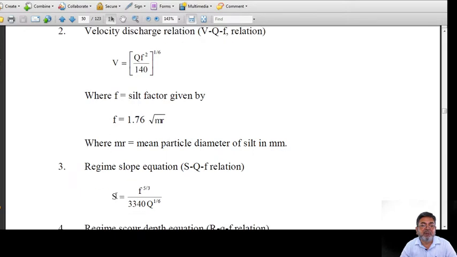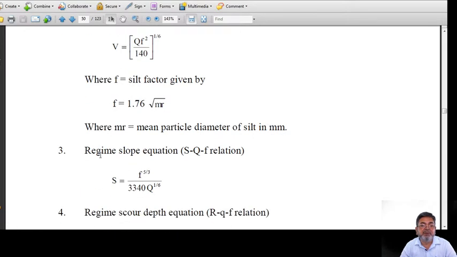Then comes the regime slope equation. If you recall Kennedy's theory, I told you that he did not give any equation for the longitudinal slope of the canal, and that was a big drawback of his theory.